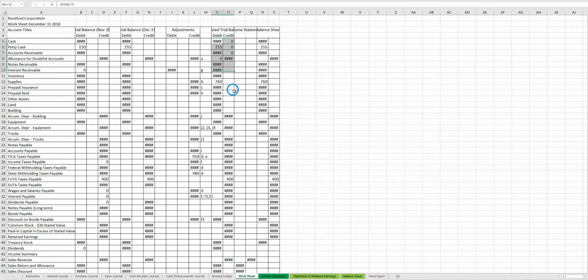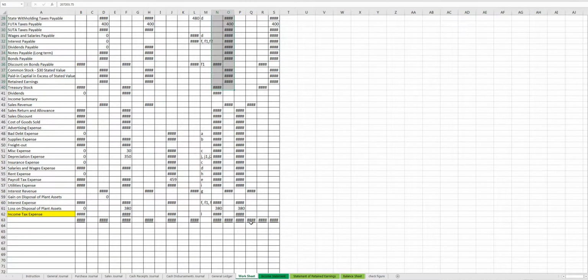And this part, all the assets, liabilities, and equities, will be reported in the balance sheet. So we have the income statement and balance sheet.